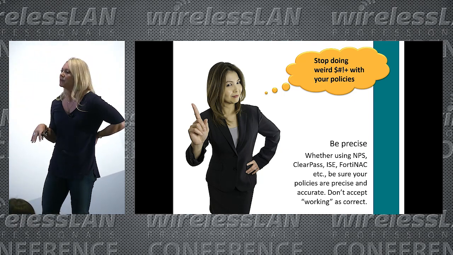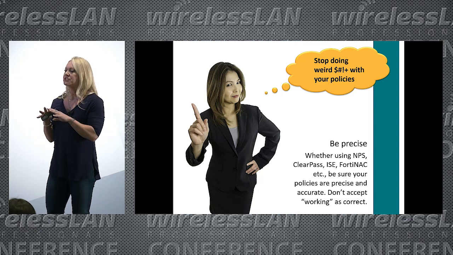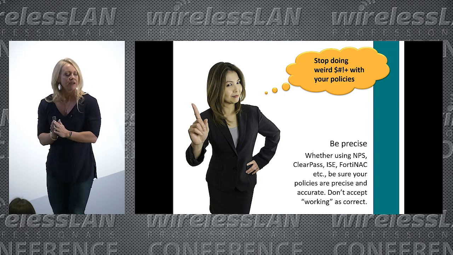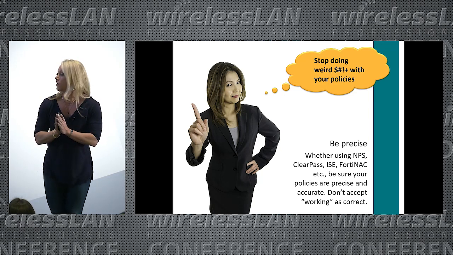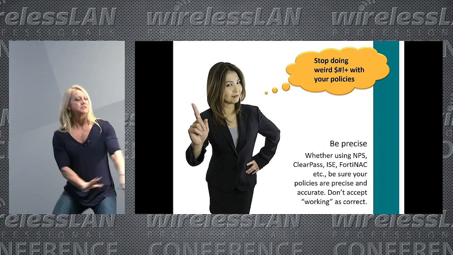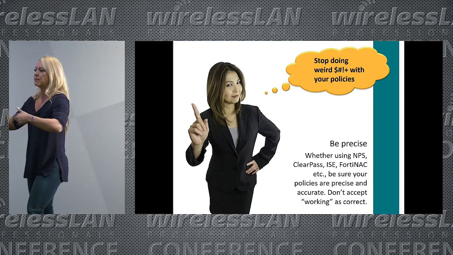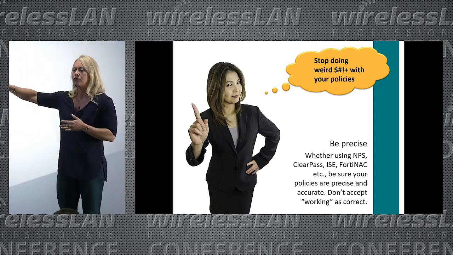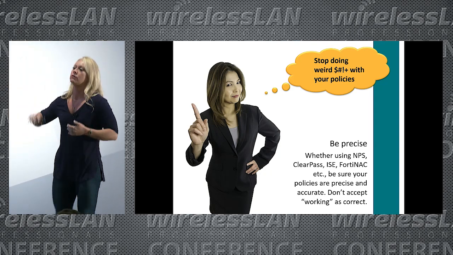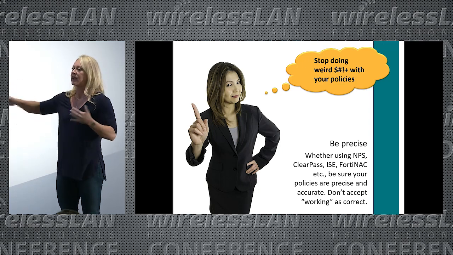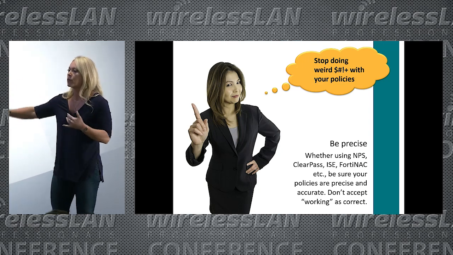I go in behind people all the time where they just close their eyes and click stuff and pray. And then when it works, they go, okay, that's working. And then they go over here and something else happens. And then somebody like me comes in later, or another organization comes in, and we're trying to do something like a VPN policy, or wired 802.1X, or RADIUS authentication for network management.